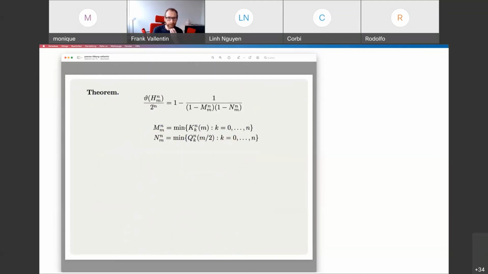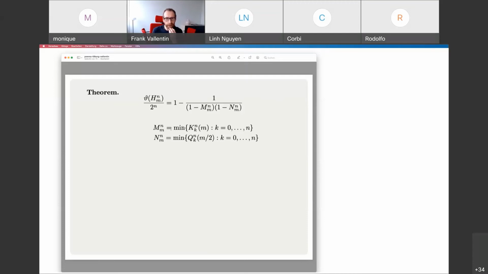And here's a statement. So the theta number of the graph H n,m divided by 2 to the n is equal to 1 minus 1 divided by (1 minus μ_m) times (1 minus μ_n). And these two numbers are parameters which come from the Krawtchouk polynomials or the Hahn polynomials.